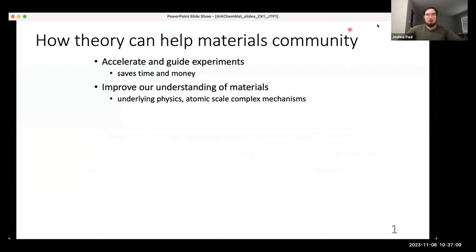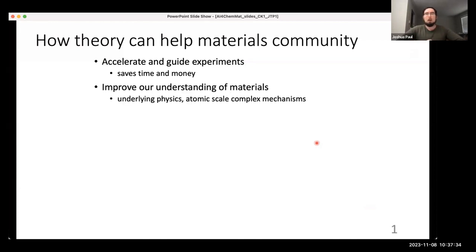I'm preaching to the choir a little bit here, but the question of how theory can help the materials community. This has been an ongoing effort ever since the Materials Genome Initiative was introduced and things really started to get rolling back in the early 2010s.